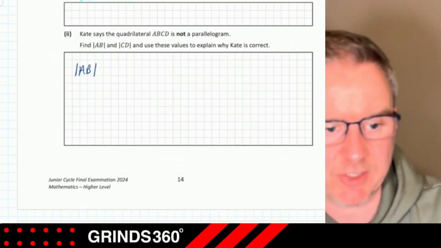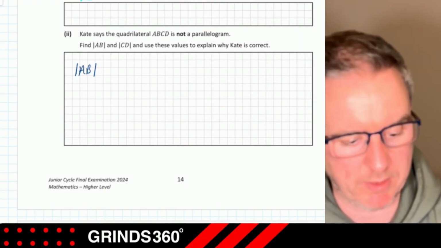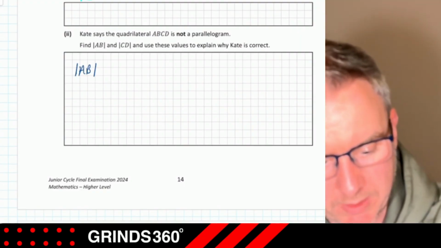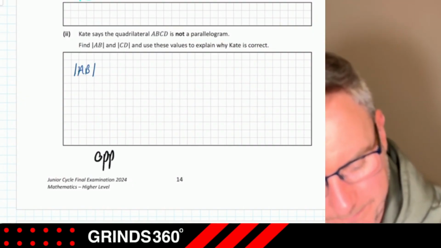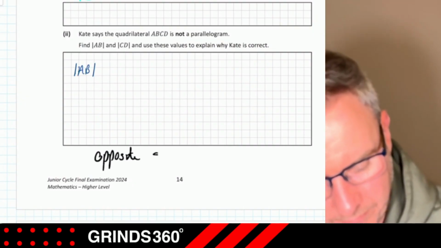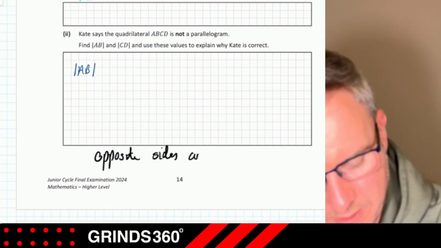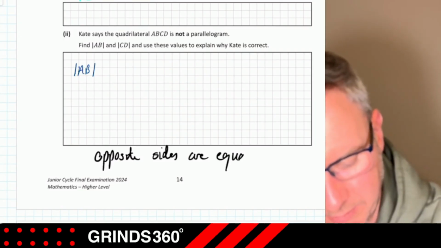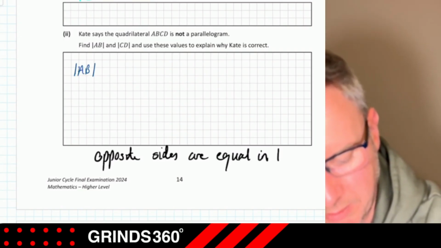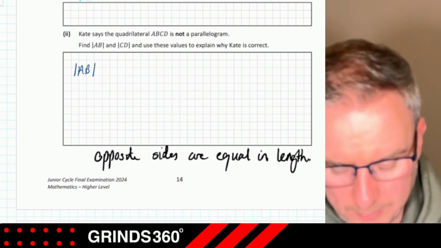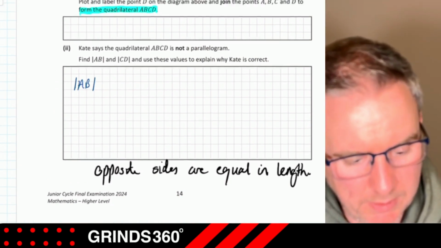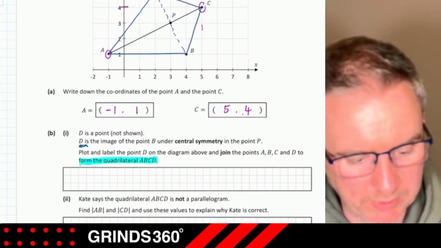What they're actually examining here is, do you know what a parallelogram is? What are your rules for a parallelogram? If it is a parallelogram, we know that opposite sides are equal in length. So we're going to come along and show that that's not the case.